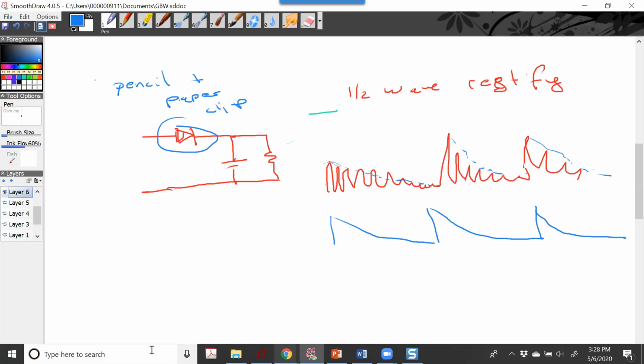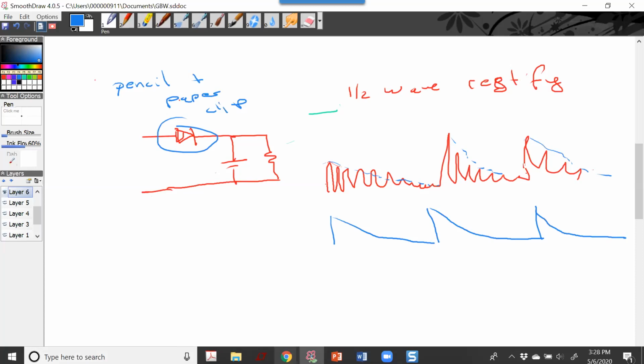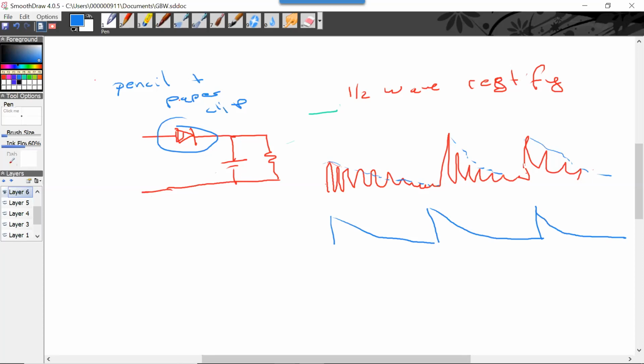Of course, everything is digitized, but FM, so the thing is AM, it's easy to modulate and demodulate, but it really does have its issues.